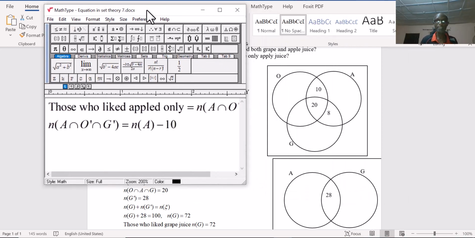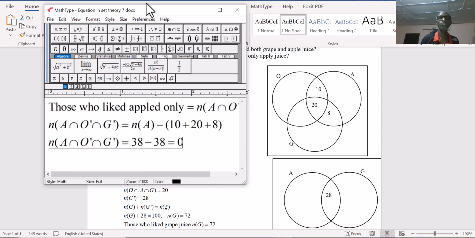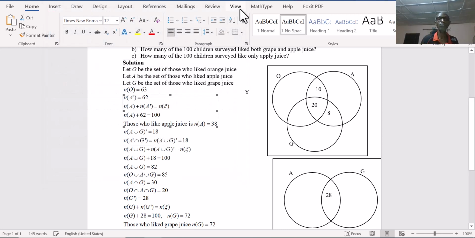So we now have 10 minus 10 plus 20 plus 8. So this 38 minus 38, everything equals 0. So those who like apple only is 0. So we need to put 0 here.